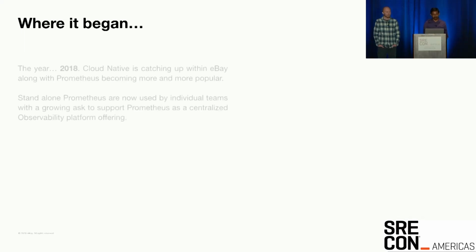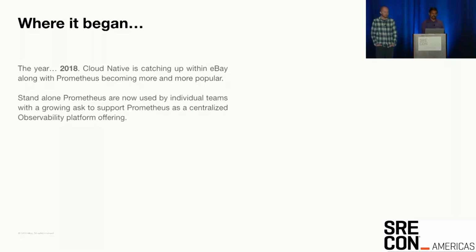Where did it begin? Around 2018, this was the time where cloud native in general was catching up inside of eBay. And Prometheus also was becoming extremely popular within the open source community. And we had Kubernetes clusters running inside of eBay, and there were a lot of folks who began to spin up standalone Prometheus instances.